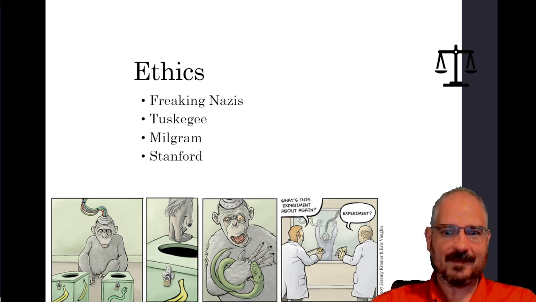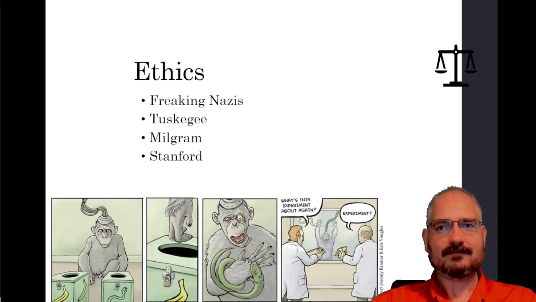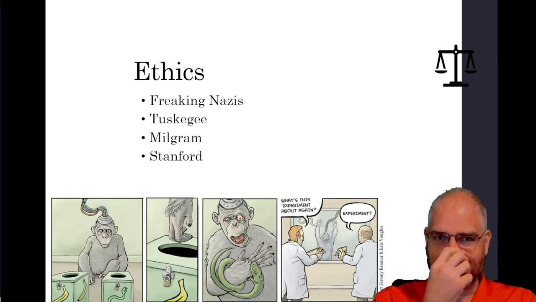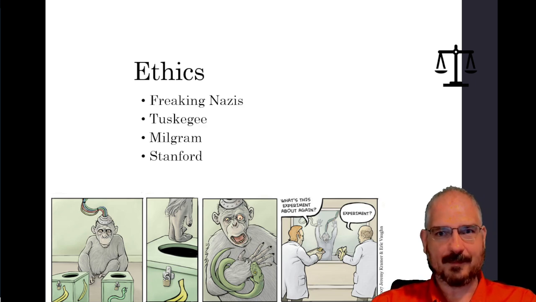Now, the most famous example of unethical research is the Nazis, right? Back in the 30s and 40s, Nazi Germany performed a heck of a lot of horrible atrocities. One of their many atrocities was doing really unethical research on different populations. They had concentration camps with Jewish people and homosexuals and socialists and all kinds of different people shoved into these horrible slave camps.